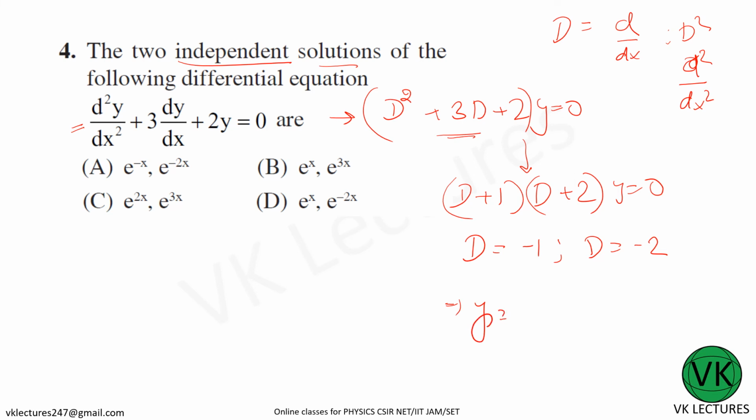The solution is nothing but e power m1x and e power m2x, where m1 and m2 are the roots. m1 is minus 1, so e power minus x and e power minus 2x. So option A.